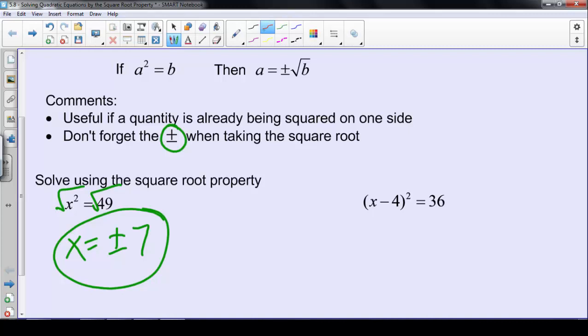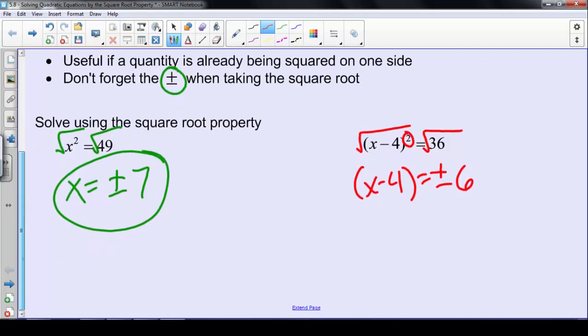So in the next case, notice we have something squared by itself, so we can take the square root. Square root of 36 is 6. Don't forget that plus or minus. And now same thing that we've been doing since chapter 2, get that x by itself, so we can add 4 to both sides.